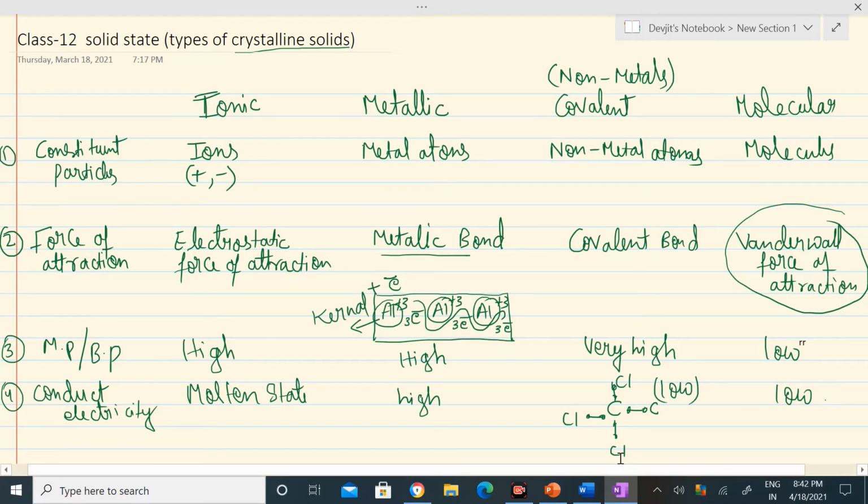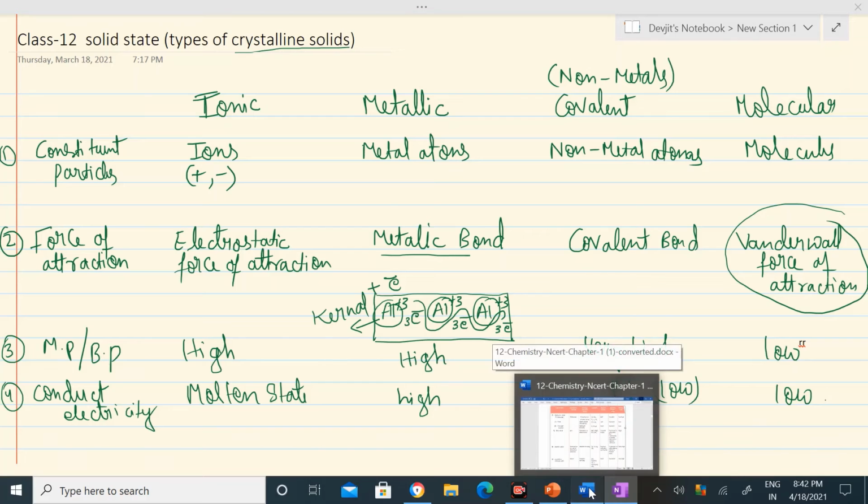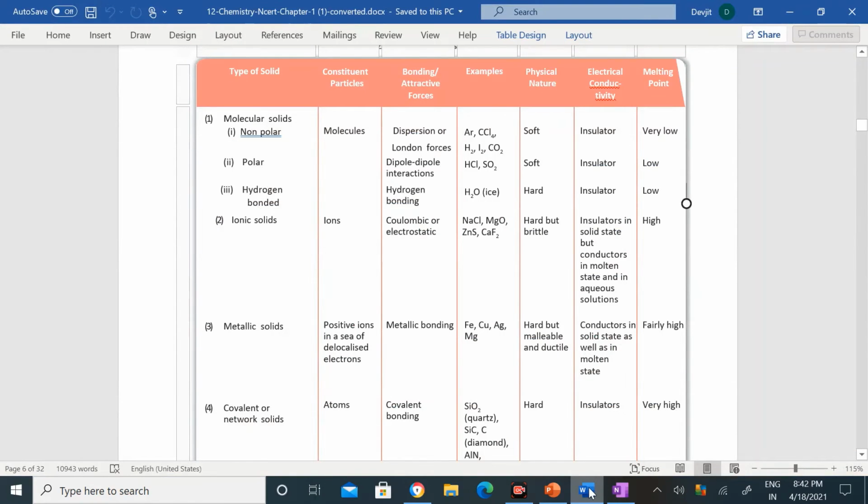Next, I will discuss it from NCERT, because NCERT is our god book, we should know that. So ionic solid, its constituent particles are ions, just now what I told. Force of attraction, just a minute.